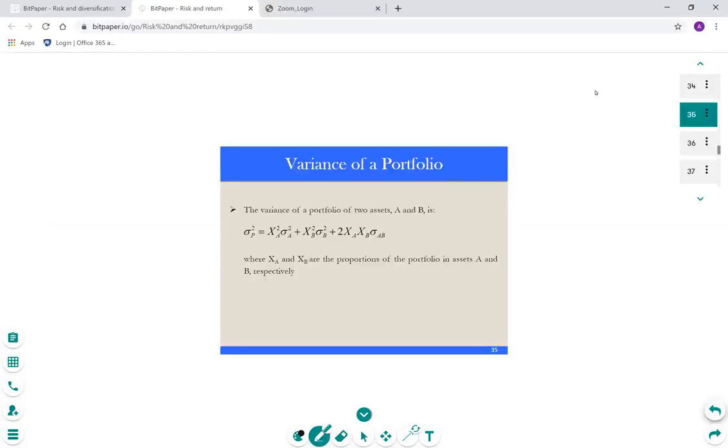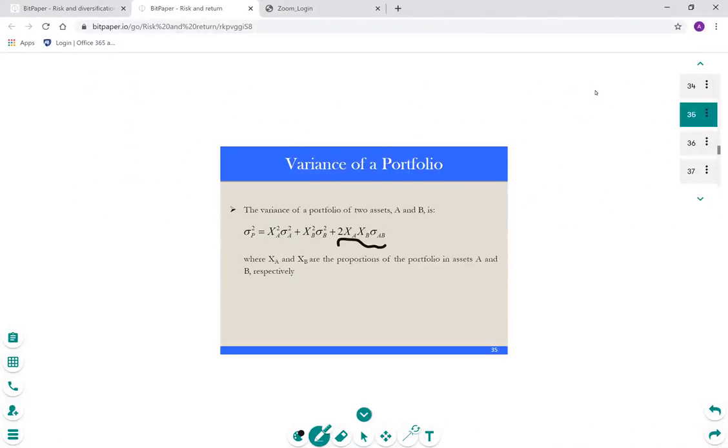In this case, we take the proportion of the portfolio that's in asset A and we square it. That's what this x sub A squared is. We multiply that by the variance of A. We do the same thing for B. And then we have this term out here, which is 2 times the proportion of the portfolio in A times the proportion of the portfolio in B times the covariance between A and B.